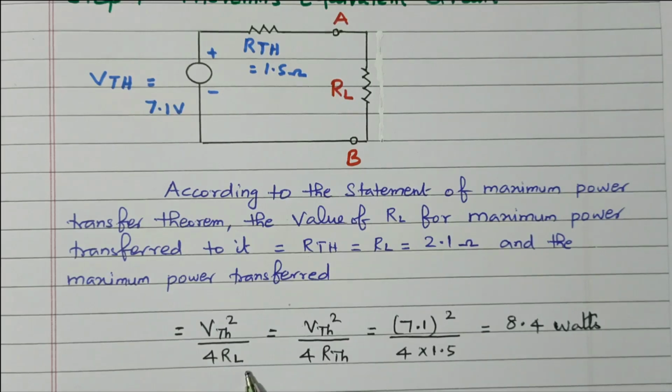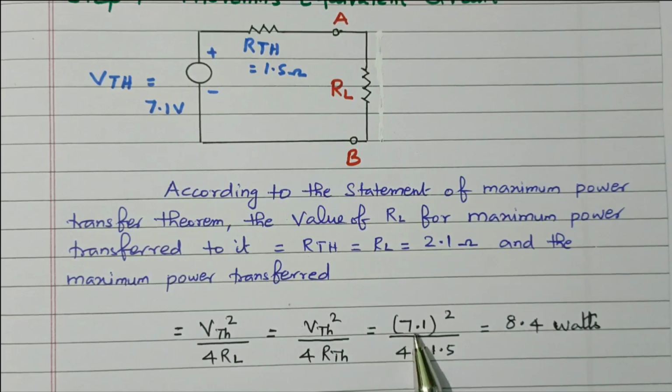This is the formula to find the maximum power transfer under the condition. This RL is nothing but RTH. Both are equal. So VTH square divided by 4RTH, that is equal to 7.1 square divided by 4 into 1.5. That is 8.4 watts. So maximum power delivered to the load is 8.4 watts.